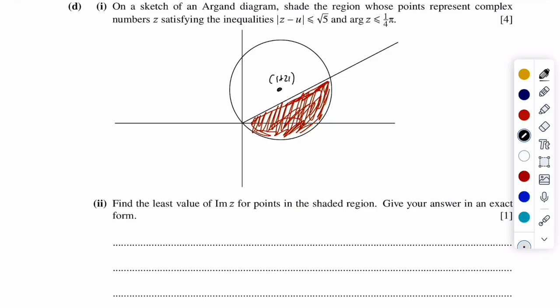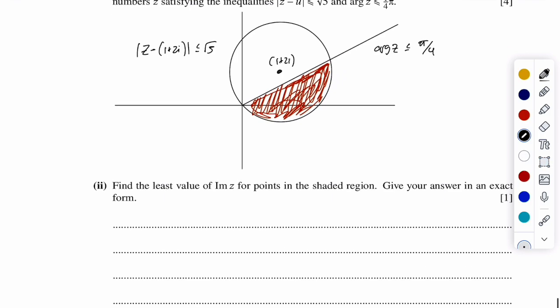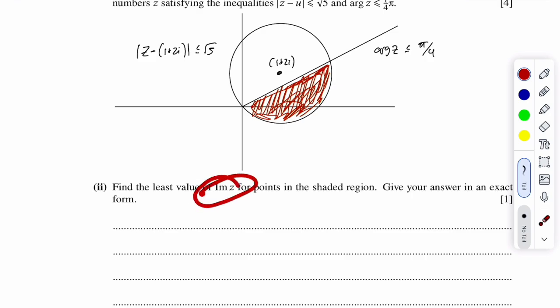We've got arg z smaller than pi over 4. We've also got z minus 1 plus 2i smaller than root 5.